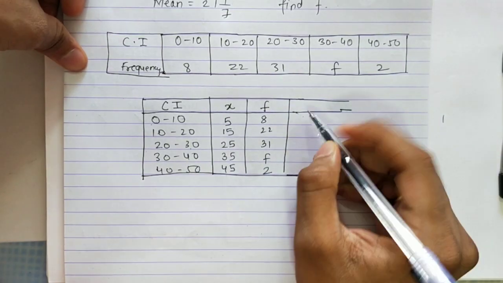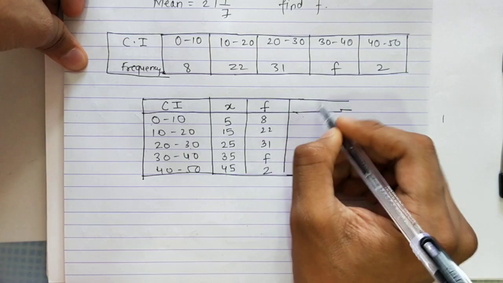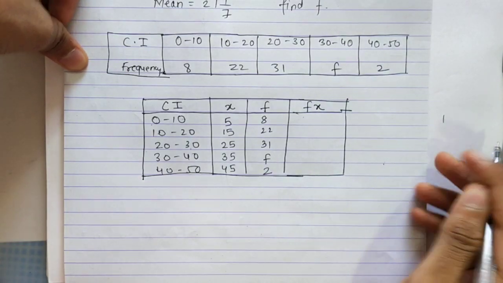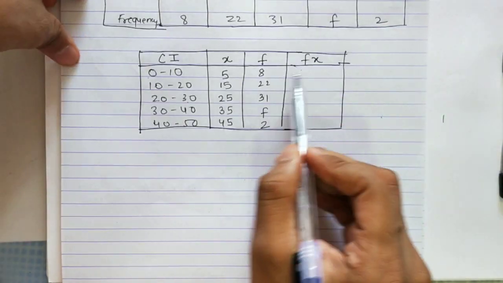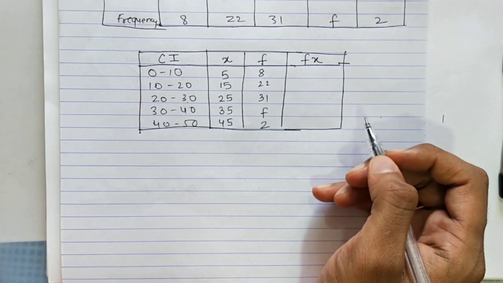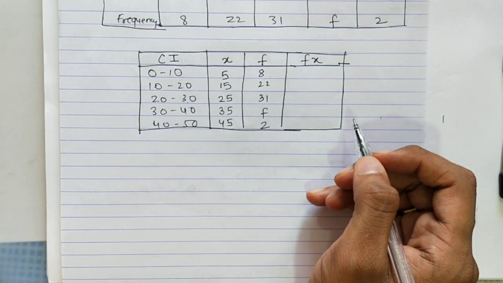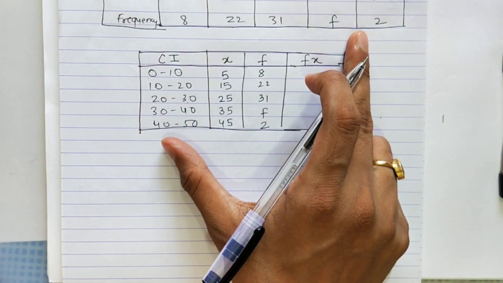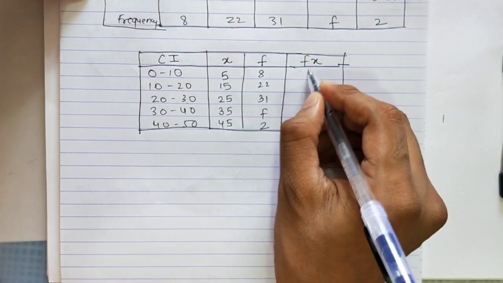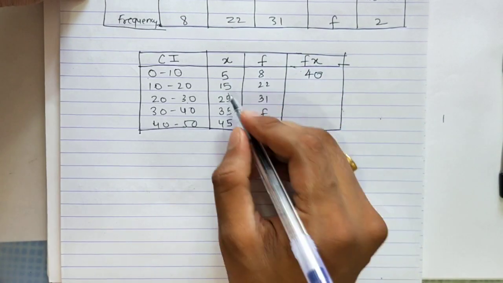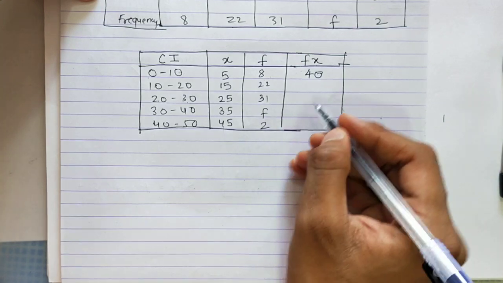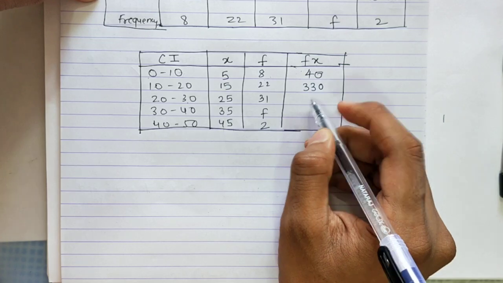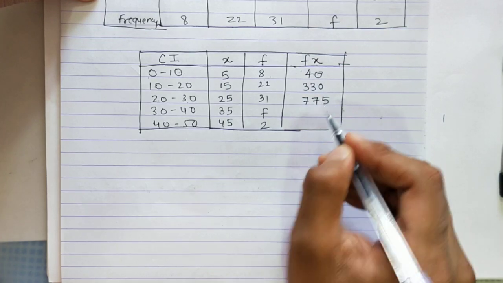Then this is the direct method. In the direct method we find fx. The method is not mentioned, so I am doing the direct method. Now let's find fx by multiplying these two numbers. 8 into 5 will give me 40, 22 into 15, so 220 plus 110, 330, 31 into 25 is 775.